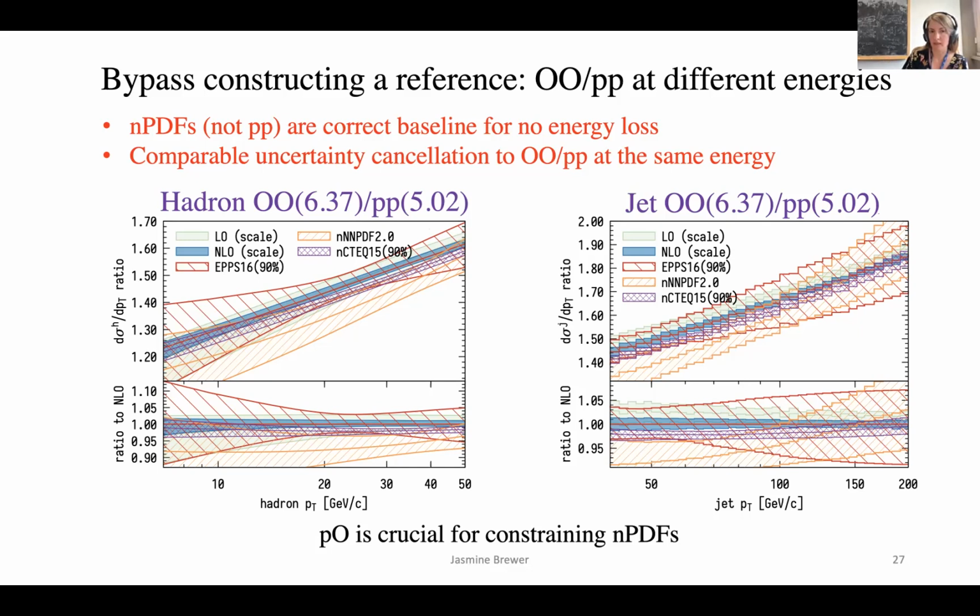So the point we want to make is that what doesn't change much is that the perturbative calculation's cancellation is good enough, even at these two energies, that it's really only the nPDF uncertainties that are dominating.